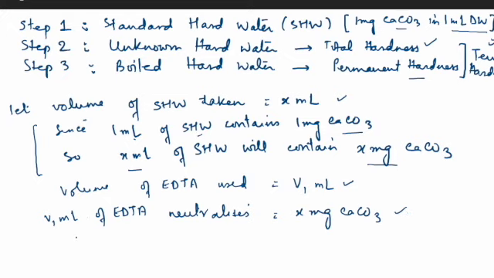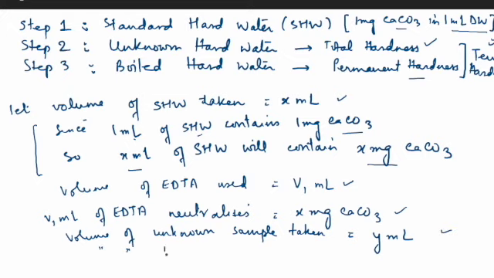Now let's say your numerical gives you the volume of unknown sample of hard water. How much hard water do you pipette out? It is Y ml. For this Y ml of hard water, let's say the volume of EDTA used from the burette is V2 ml.